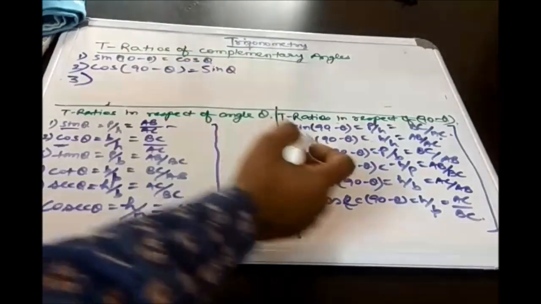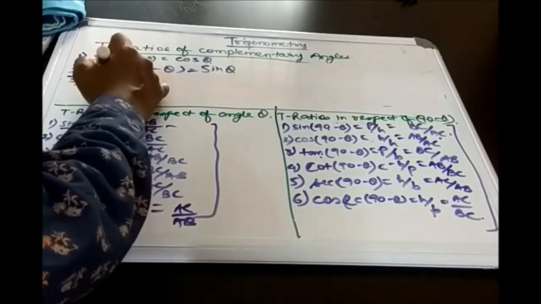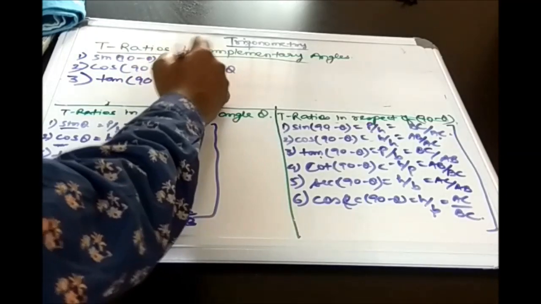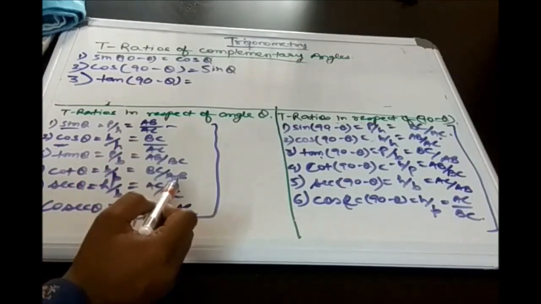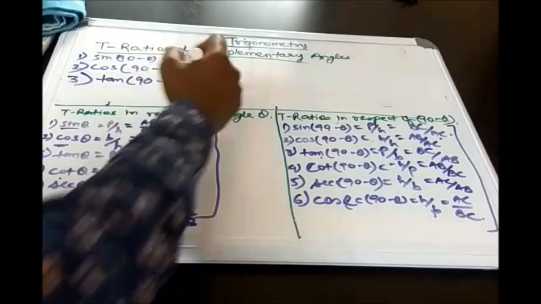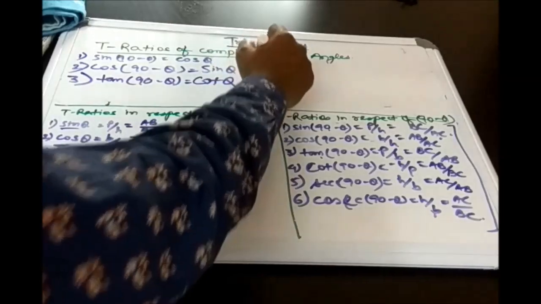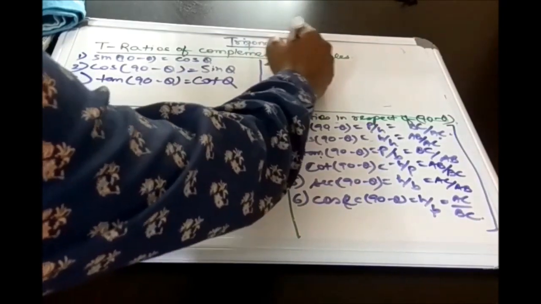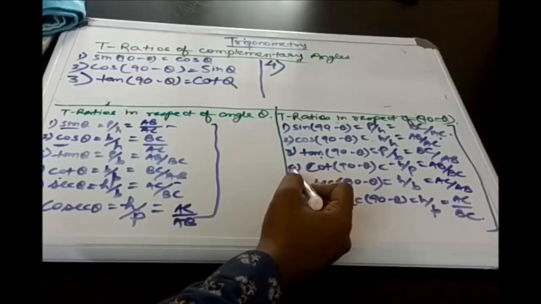Now we will be comparing the third relation. Tan 90 minus theta, that is BC by AB. Now you see this side, BC by AB is here, that is cot theta. So we got our third relation. Now we will be looking after fourth relation between complementary angles.